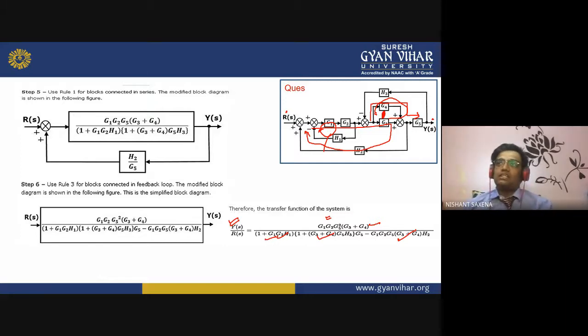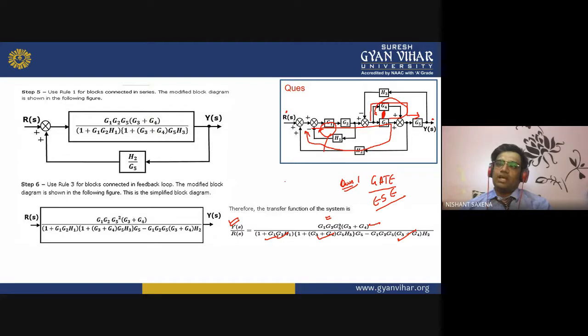But I would suggest that you first go through a lot of practice, then only you will be able to solve this type of question directly, just by looking at the diagram. This is very important because at least one question came in GATE examinations or ESE, engineering services examinations.